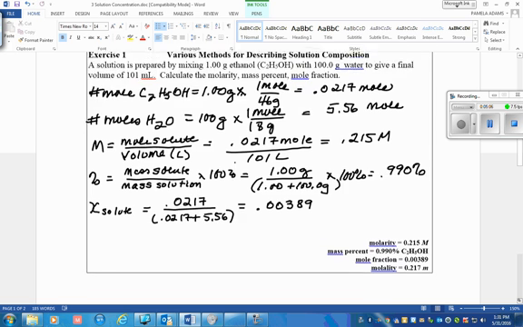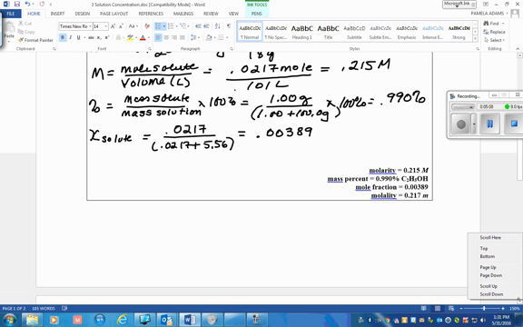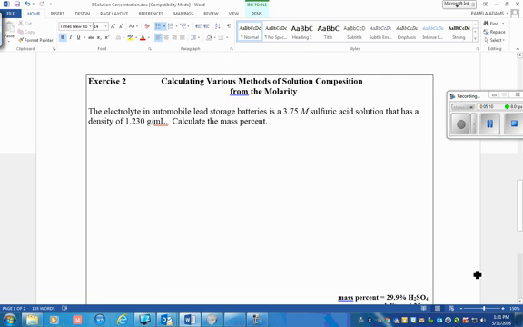Okay, going to our next page and our next problem. All right, the electrolyte in automobile lead storage batteries is a 3.75 molar solution of sulfuric acid that has a density of 1.230 grams per milliliter. Calculate the mass percent.